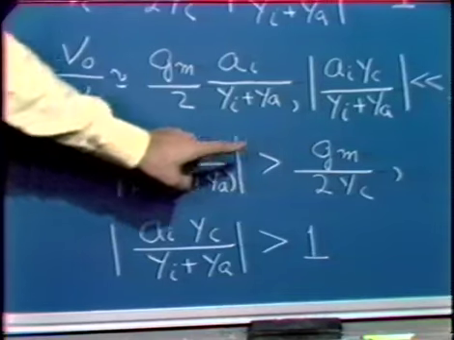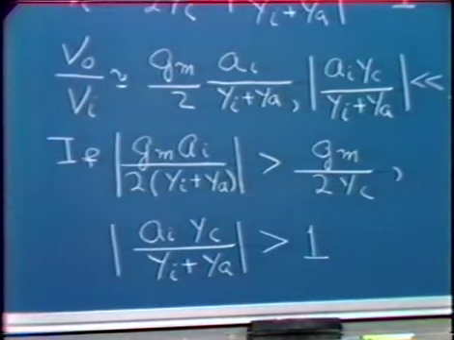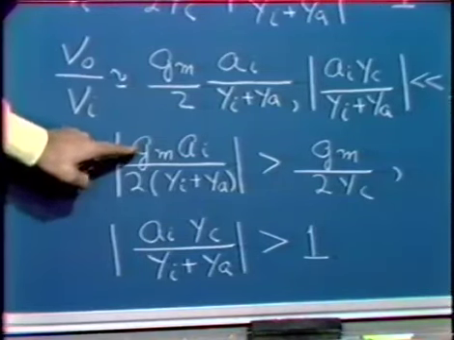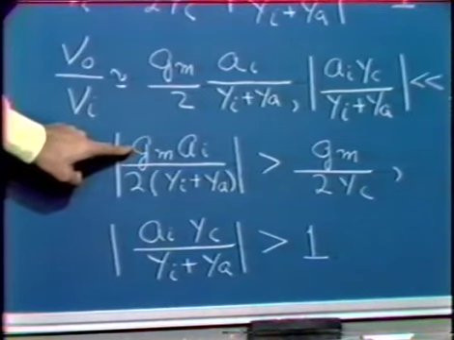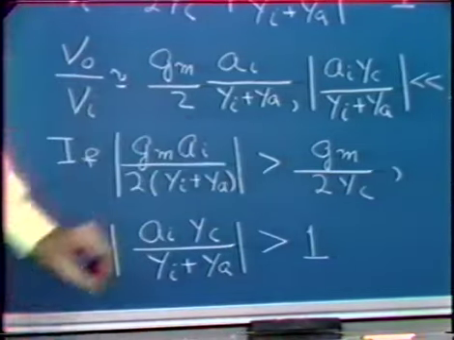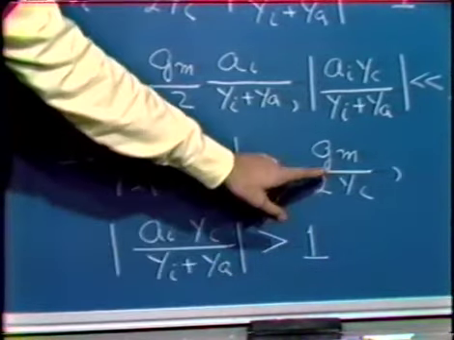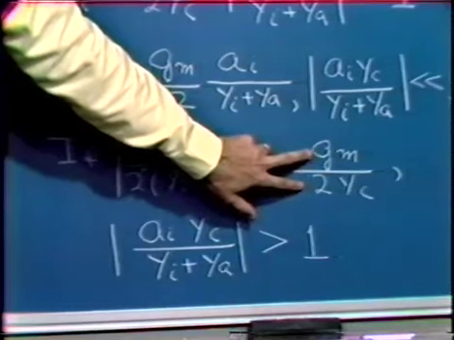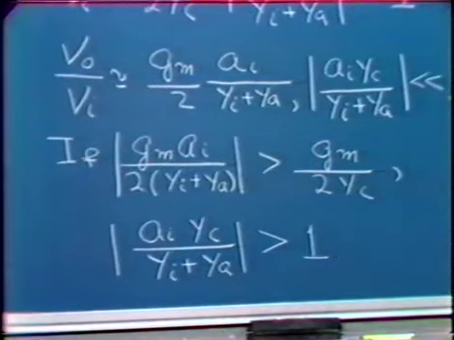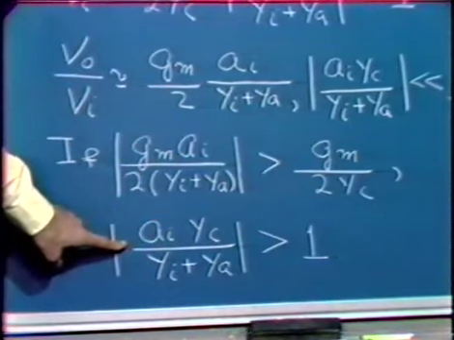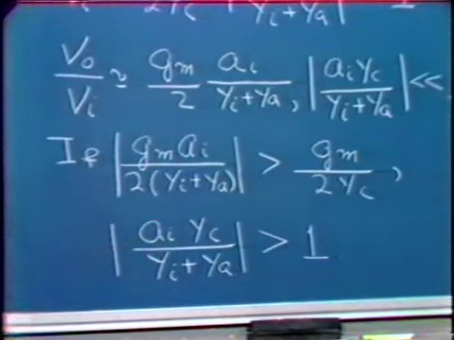We draw those two quantities on our usual Bode plot coordinates, and we look to see which curve is greater in magnitude. If, for example, the open loop transfer function of the amplifier in the absence of minor loop feedback is greater than this quantity, the implication, which we can get by simply multiplying both sides of this equation by the reciprocal of this term, is that the magnitude of the transmission around the minor loop is large compared to 1.